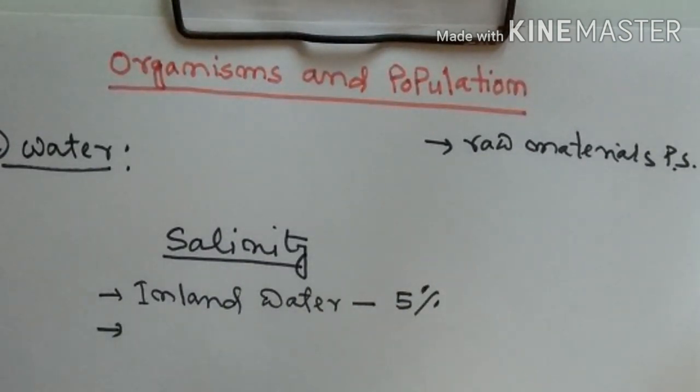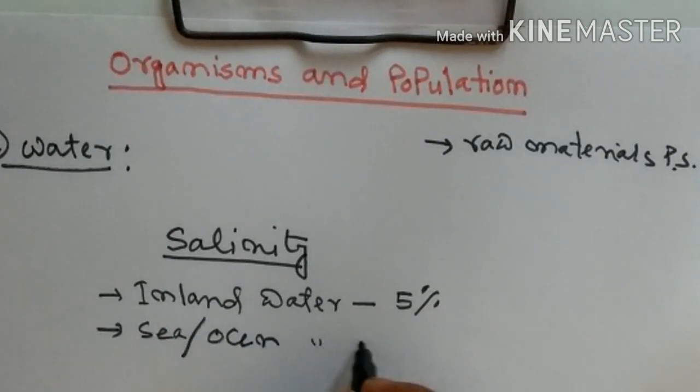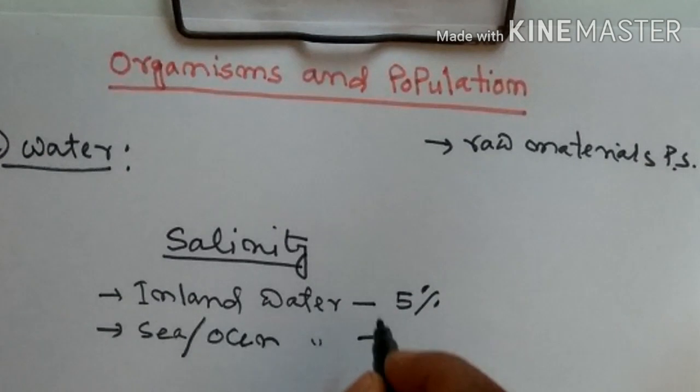Another one is sea or ocean water, which is also known as marine water. Here in this water, concentration of salt is 30 to 35%.